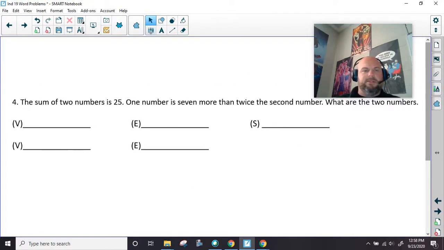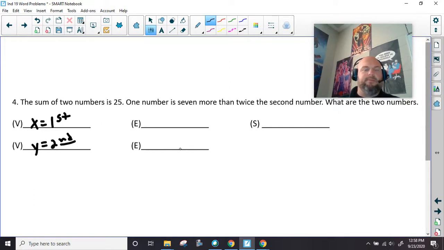Sum of two numbers is 25. So x equals first, y equals second. Okay. The sum of them. So we've already got one of them. One number is 7 more than twice the second number. So I'm just going to pick x.